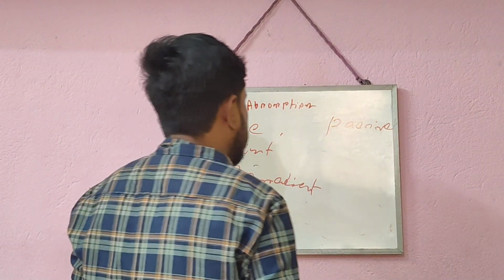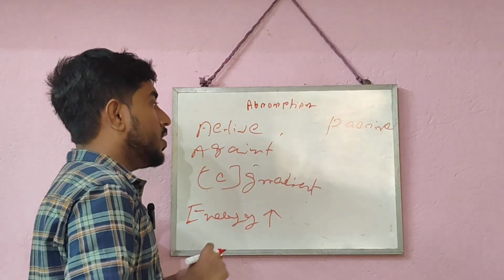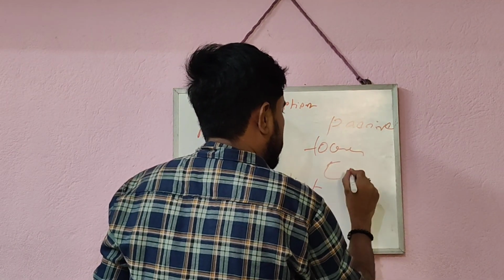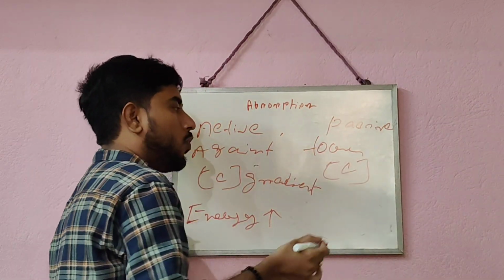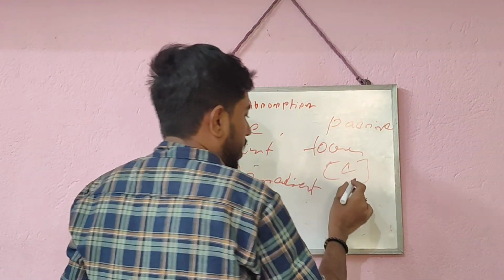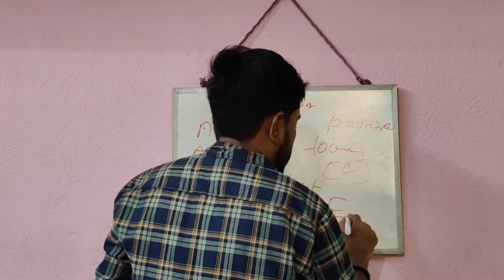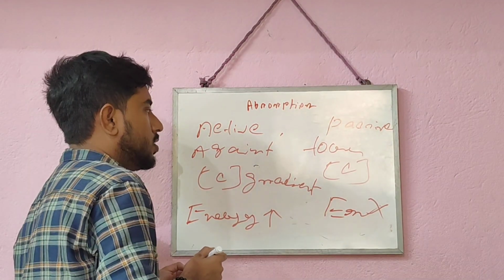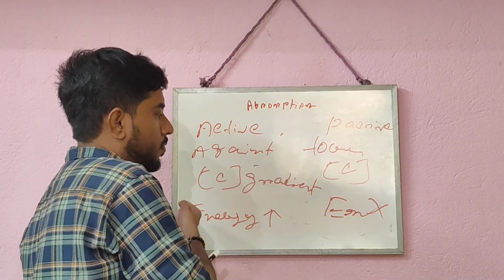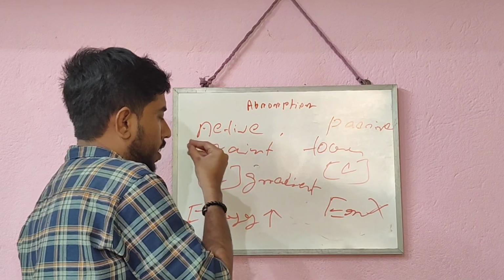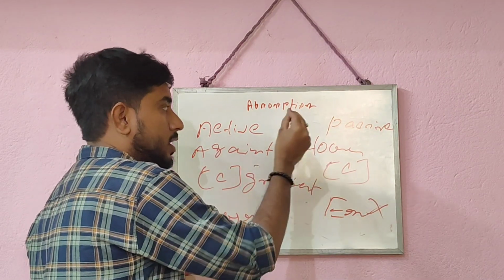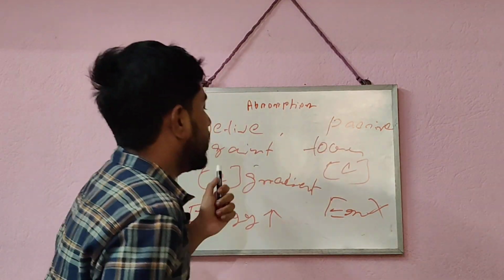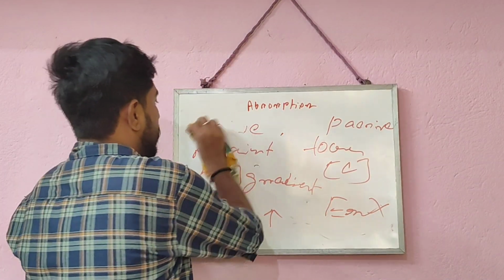But in case of passive, the drug is absorbed towards the concentration gradient, so it is very easy to flow or easy to absorb, and no energy is required. So in active, energy is required because the drug is going against the concentration gradient, and in passive it is going towards the concentration gradient, so energy is not required.